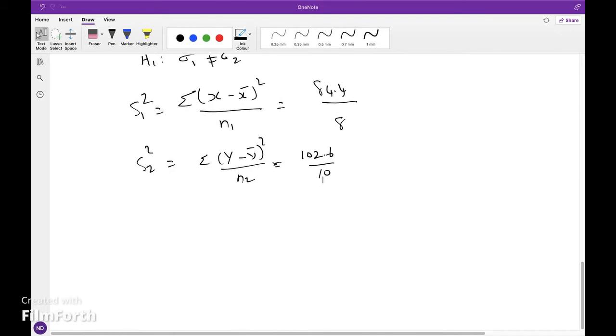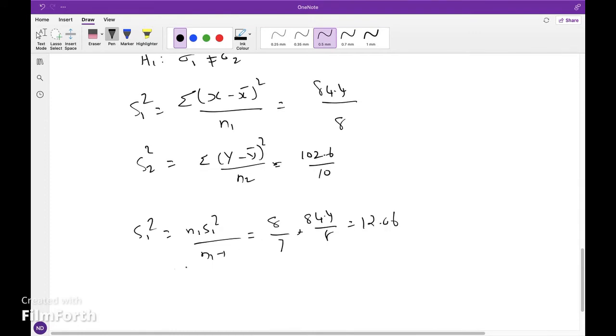The estimated variance of the population from which samples A and B are drawn are given by capital S1 squared equal to N1 small s1 squared by N1 minus 1. So N1 is 8 by 7 into s1 squared, s1 squared is 84.4 by 8. That is equal to 12.06. Capital S2 squared equal to N2 small s2 squared by N2 minus 1.